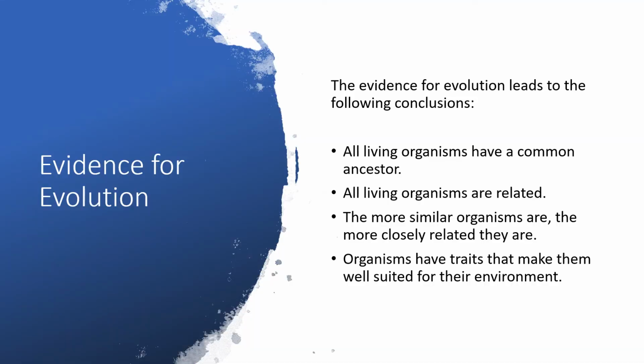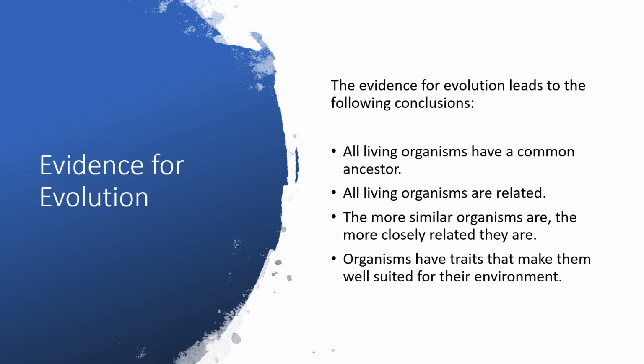Okay, now as we continue to go through this unit, I just want to keep reminding you that the evidence for evolution from all these different scientific fields all brings us to the same conclusions. Those conclusions are that all living organisms have a common ancestor.